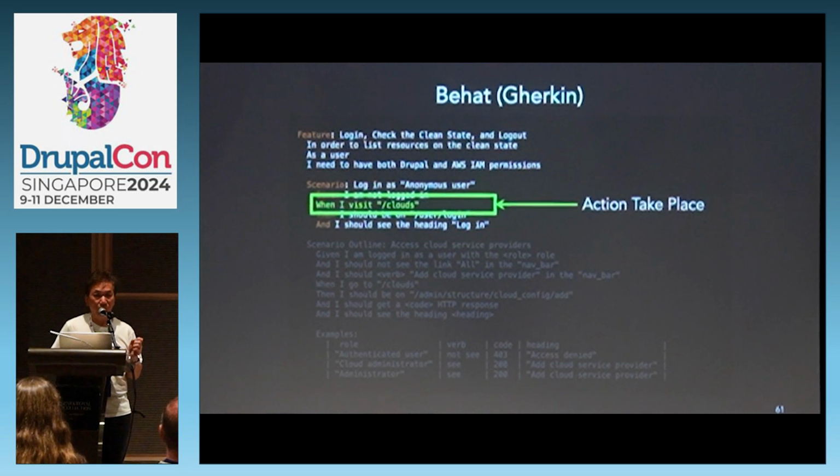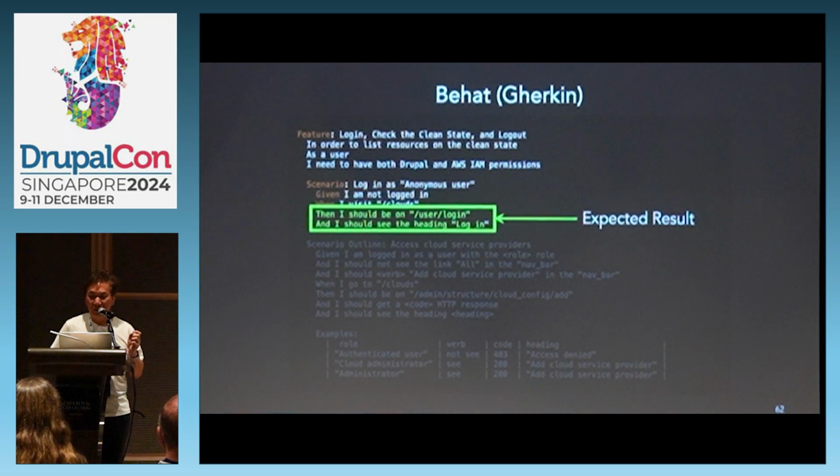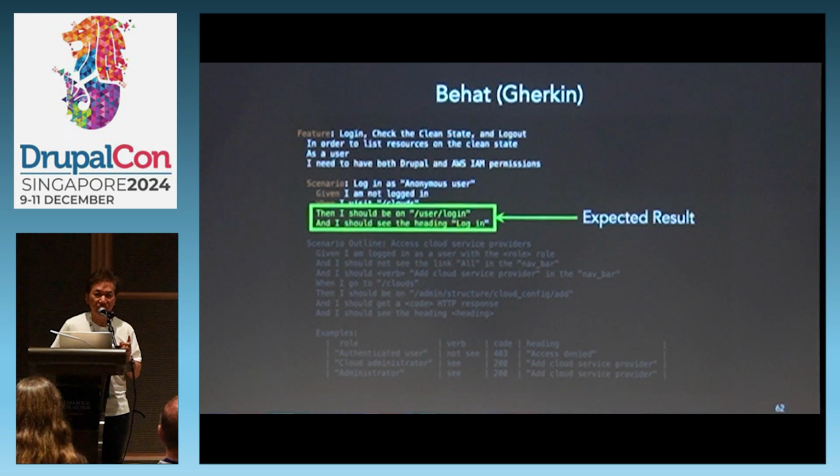Starting with the keyword When, it makes Behat take the actual action on the virtual browser. The keyword Then checks the expected results. So we understood how to write the test scenarios by Gherkin syntax. It is so easy.